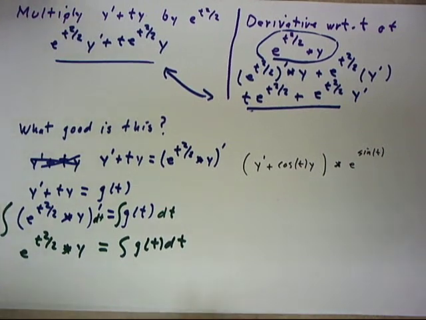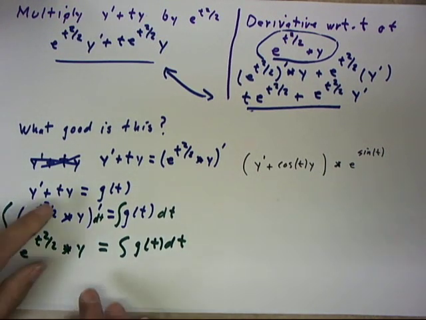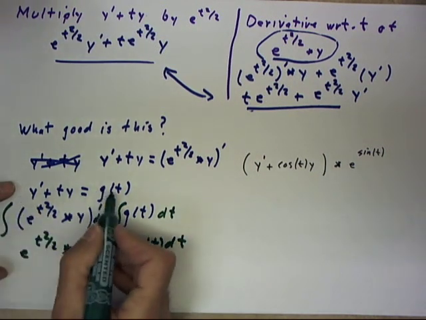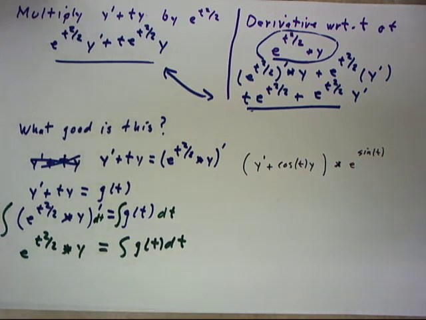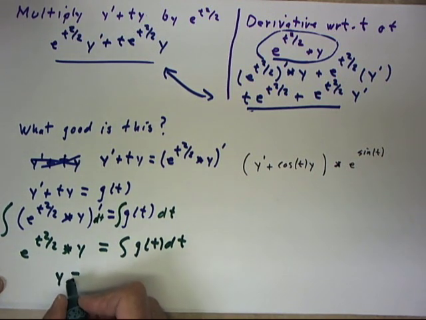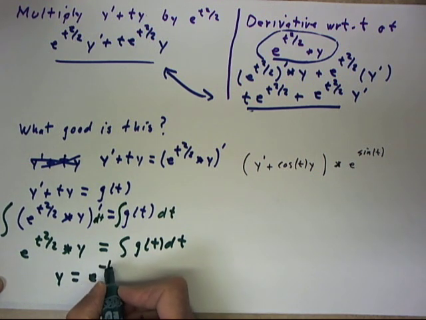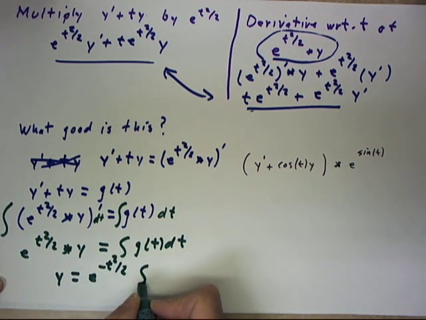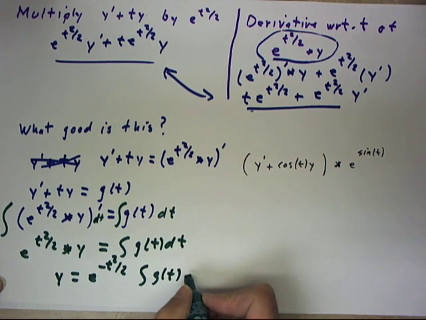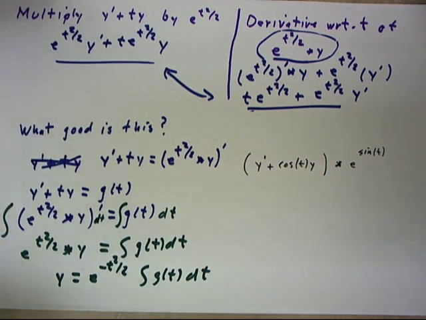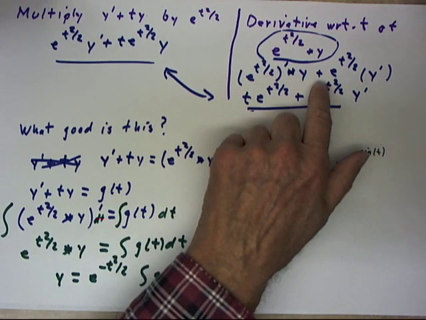Now that's actually quite a big deal, because what we're trying to do, if we're trying to solve this equation, is find the y function, and the y function is just then e to the negative t squared over 2 times the integral of g of t dt. If we can do this integral, if this function is something we can integrate with respect to t, we've just solved the equation. And we solve the equation by using this trick.